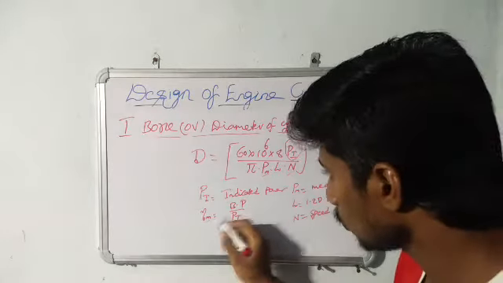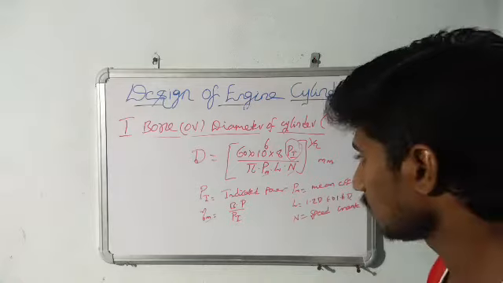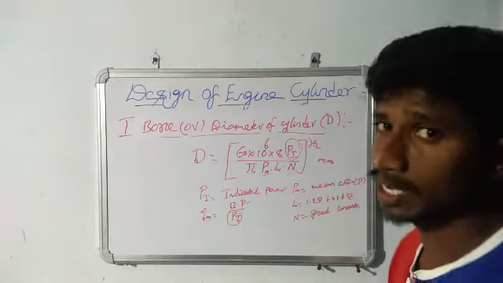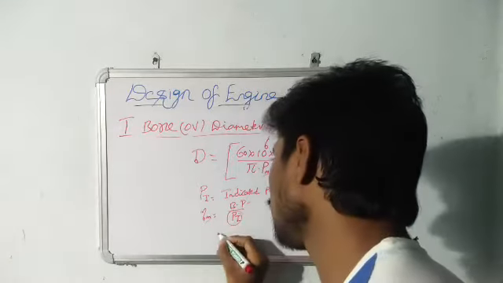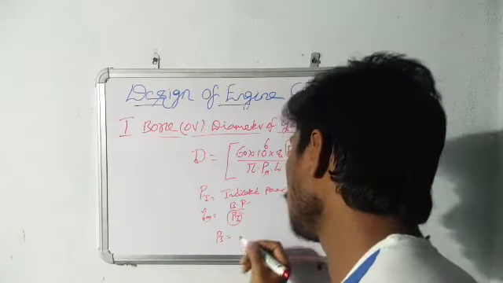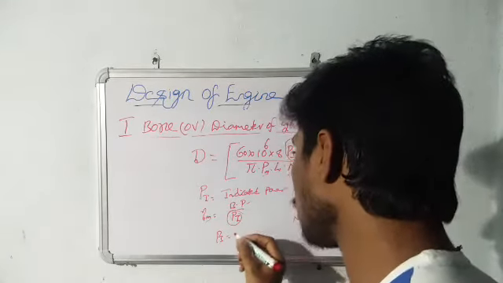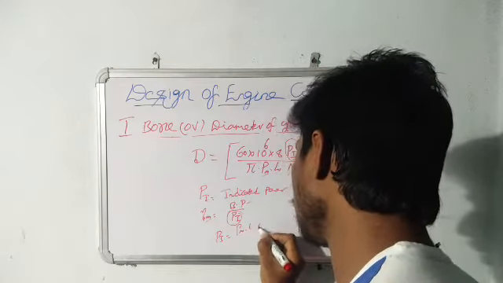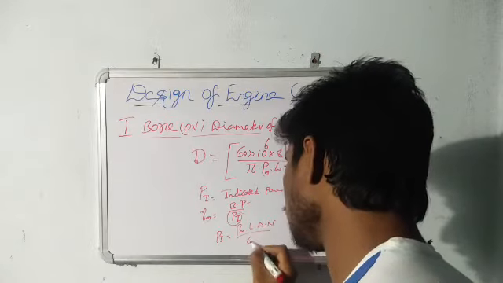If you know the mechanical efficiency of the engine and the brake power of the engine, it is easy to find out the indicated power. When we get that indicated power, we find it in another manner: Pm into L into A into N by 60.